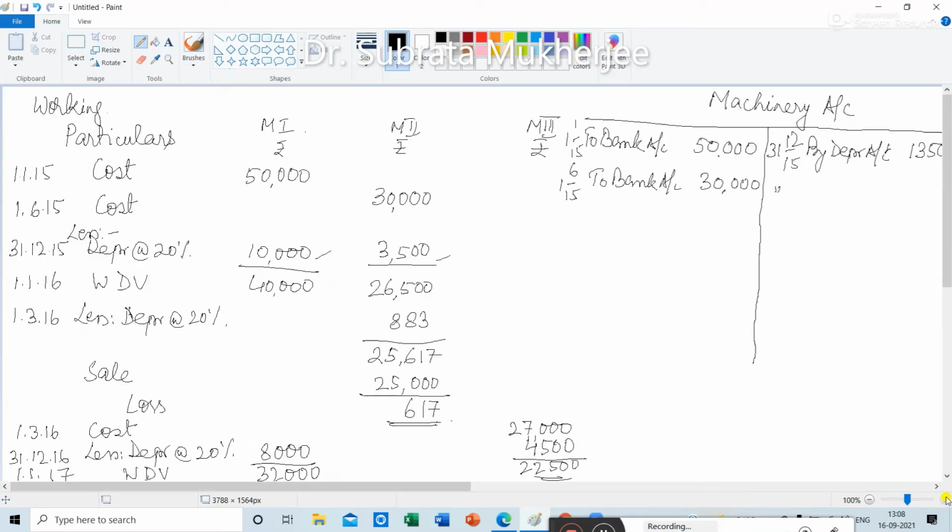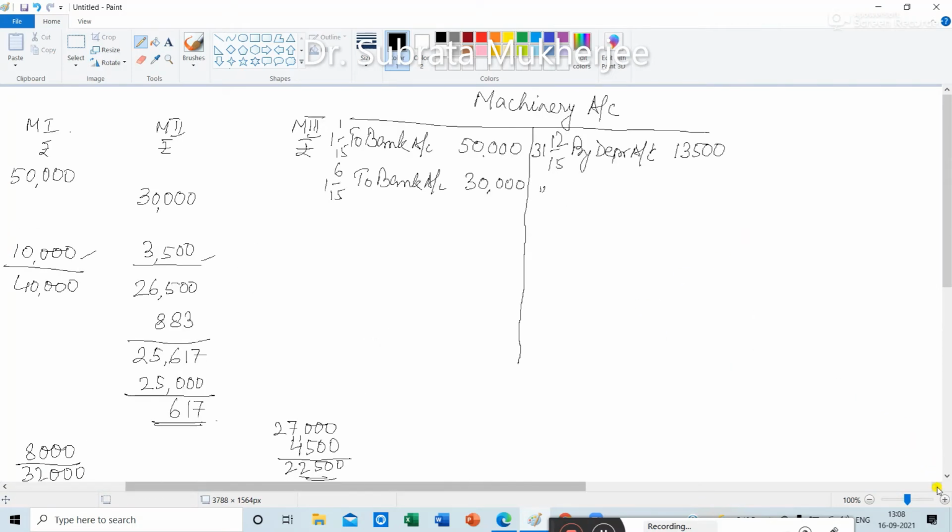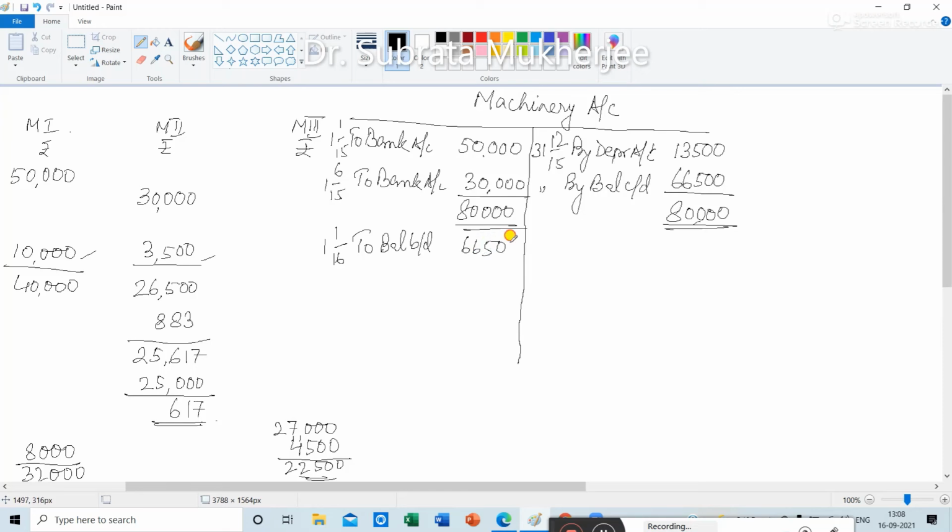The balancing figure will be by balance c/d. This will be 66,500. So on 1st January 2016, this 66,500 will be brought down. So to balance b/d, I am writing here 66,500.